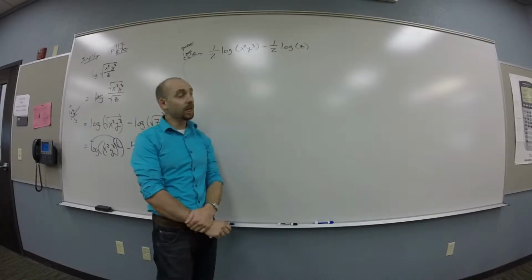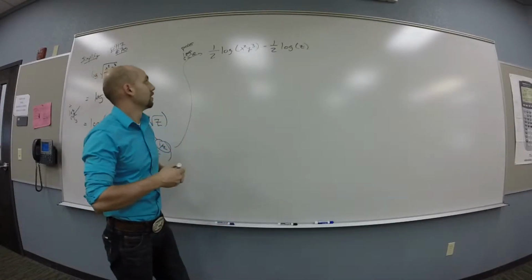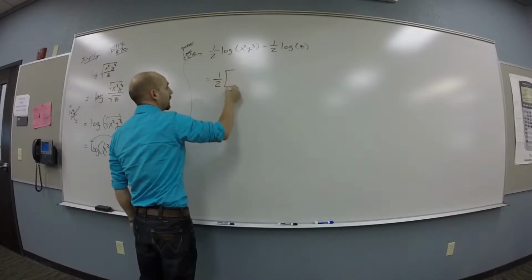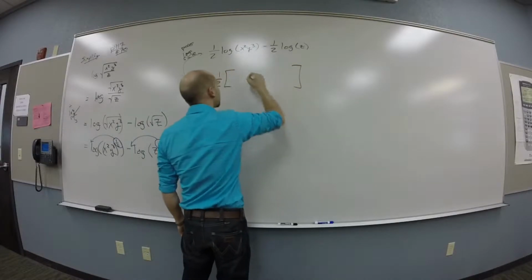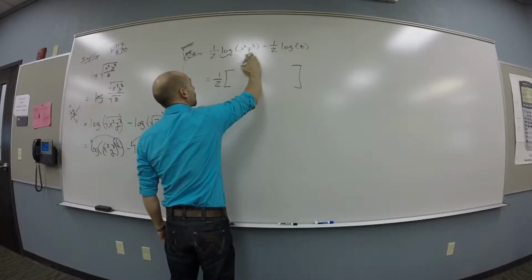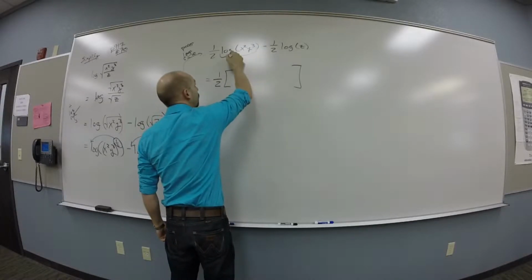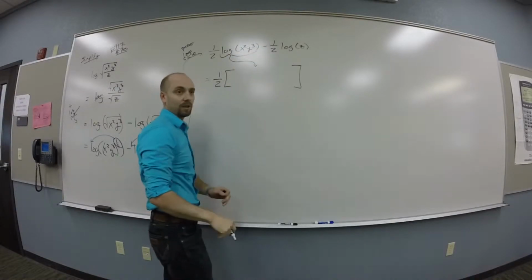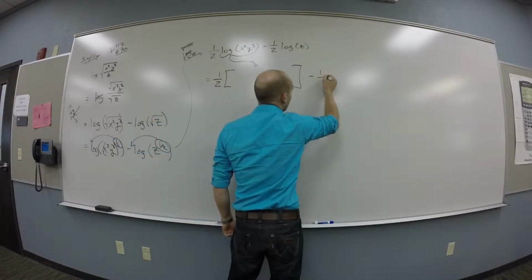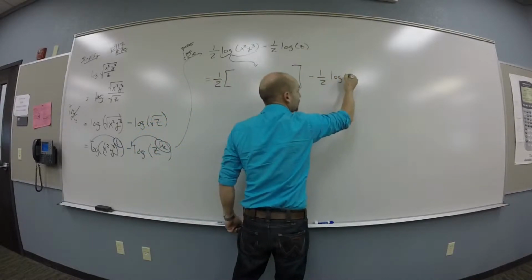So I should say this is 1/2, and now this whole piece is going to turn into something, and then I'm going to have a minus 1/2 log of z.